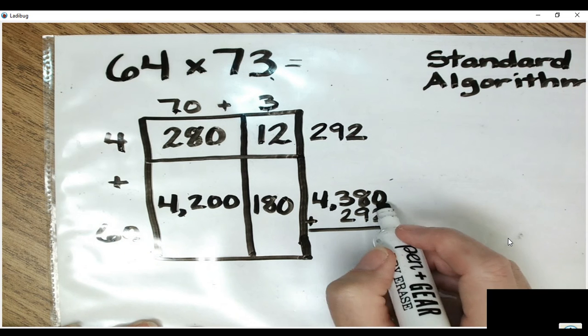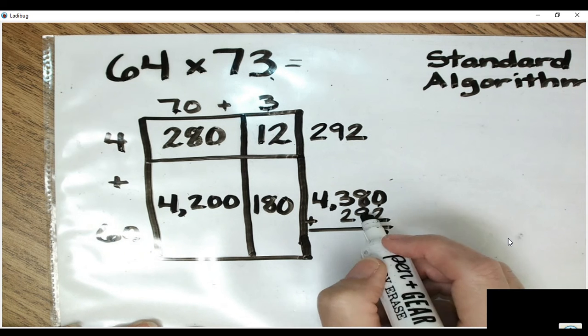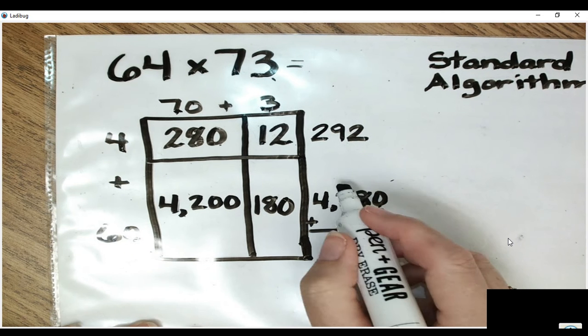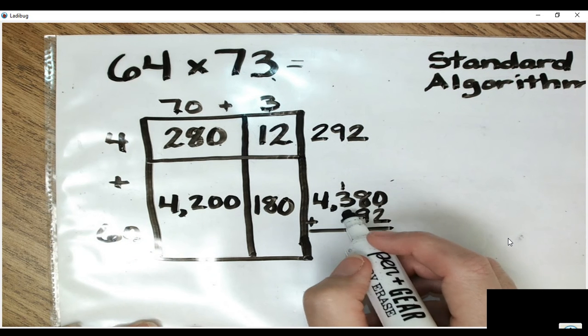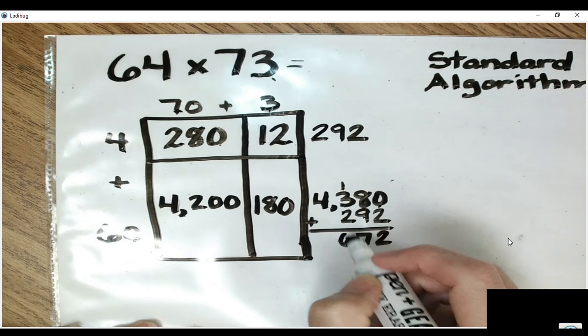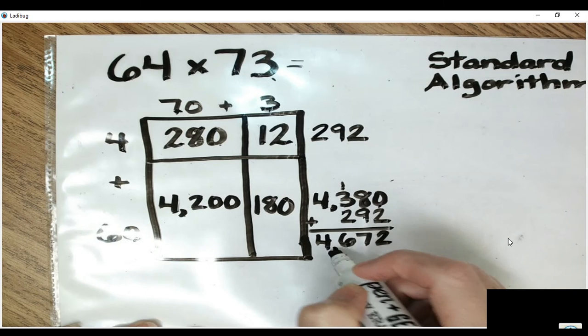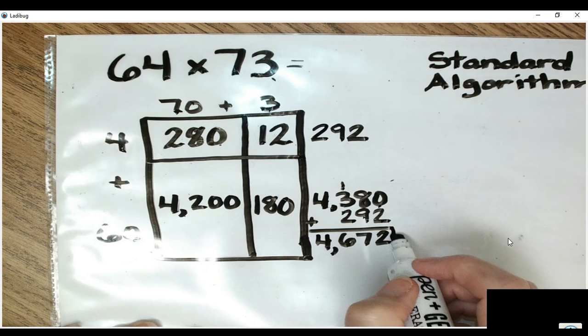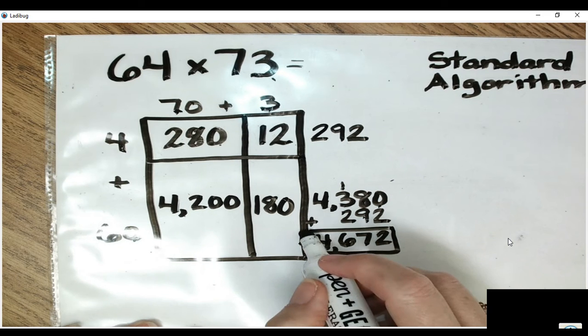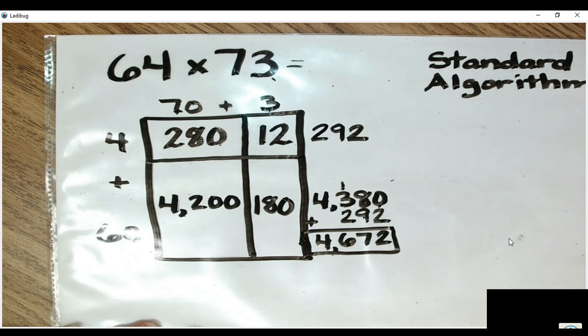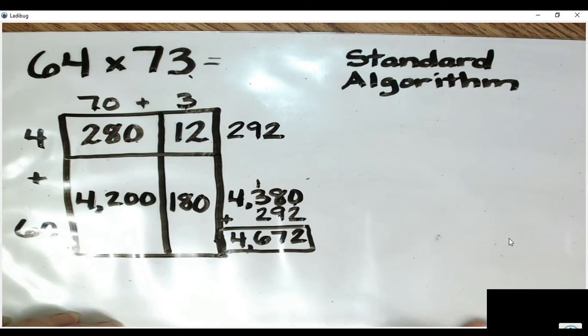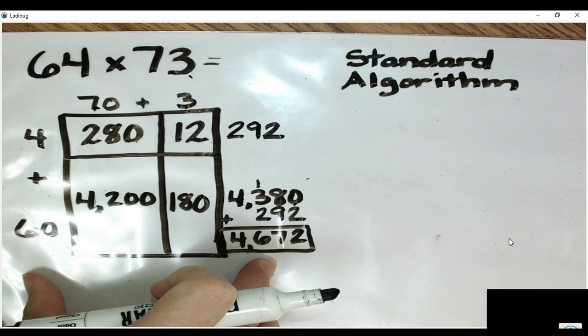Okay, 2 and 0 is 2, 8 and 9 is 17, 3 and 1 is 4, 5, 6, and then 4. 4,672 is my product. 64 times 73 is 4,672. Let's look at it being solved using the standard algorithm, and we're going to compare it to this area model.